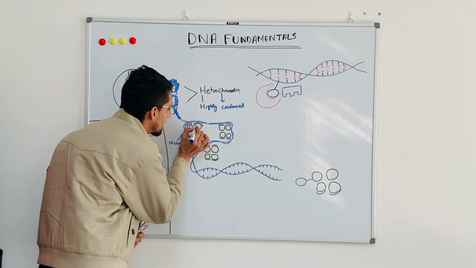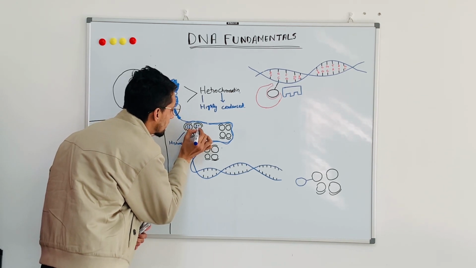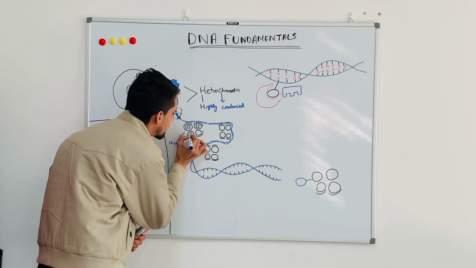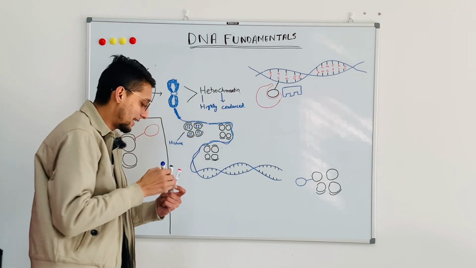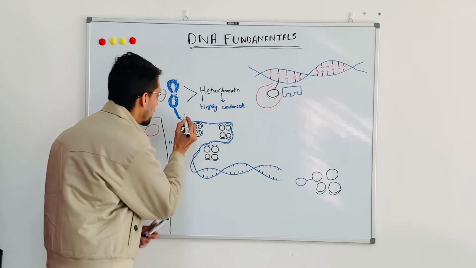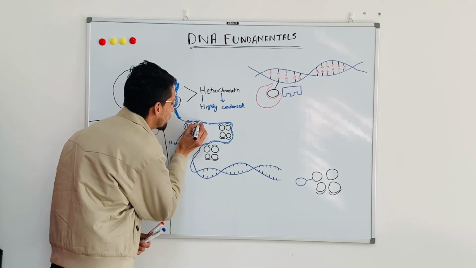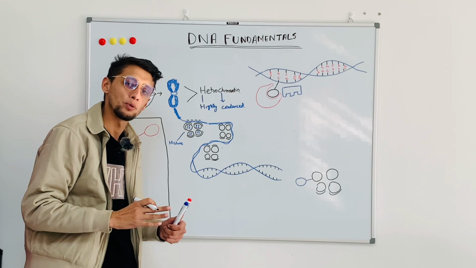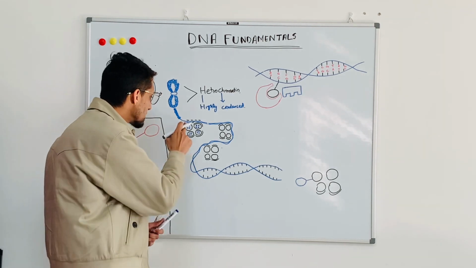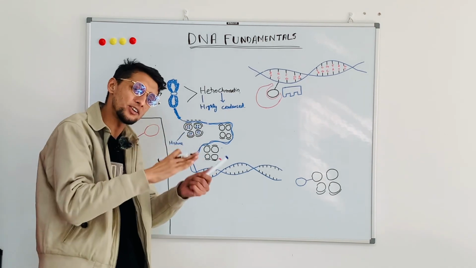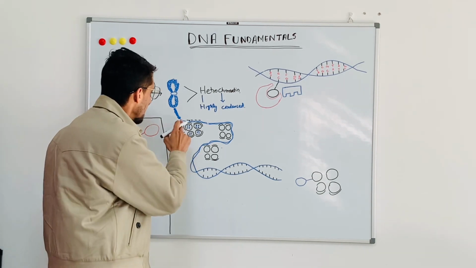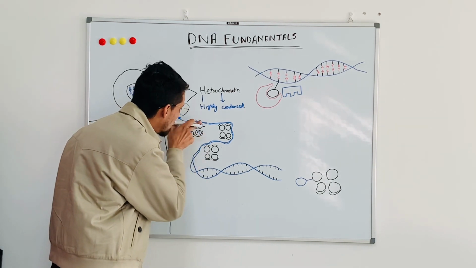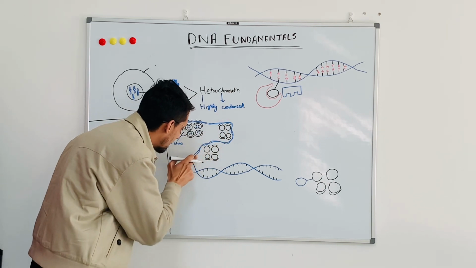Due to the lysine and arginine residues, there's a positive charge on the histone proteins, right? And DNA has an overall negative charge. The overall negative charge is due to the phosphate group attached to the ribose sugar. So this negative charge is attracted by the positive charge of the histone protein. Now you can see that it loops around the histone protein, right?